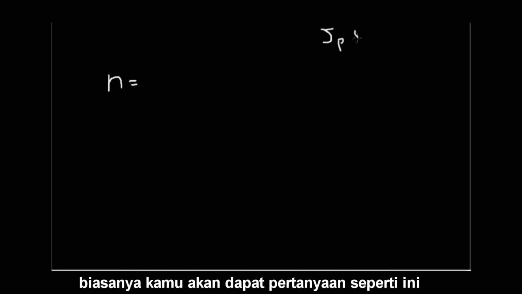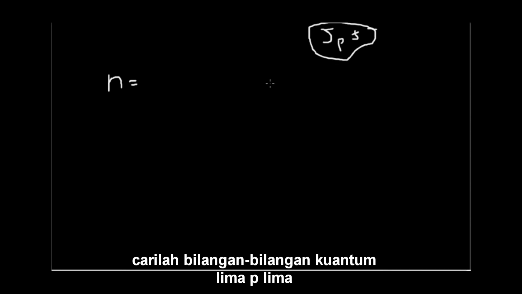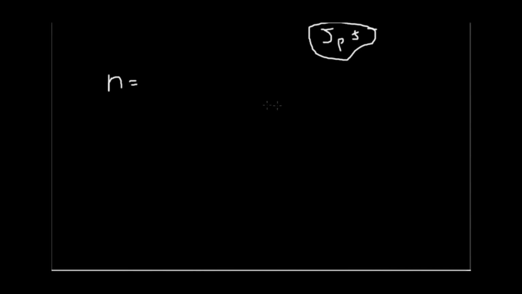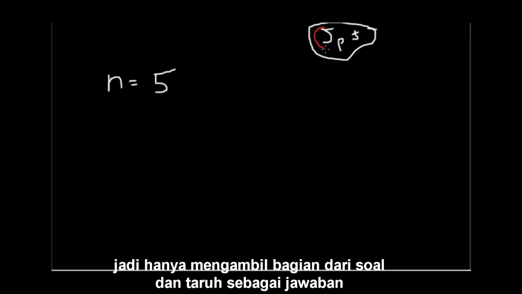So for example, we have 5p5, and usually you get this sort of question. For example, find the quantum number of 5p5. Just by seeing it like this, we only get 5. 5 is the answer. So it's just extracting this as your answer.